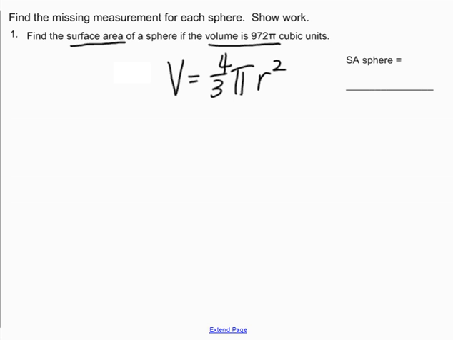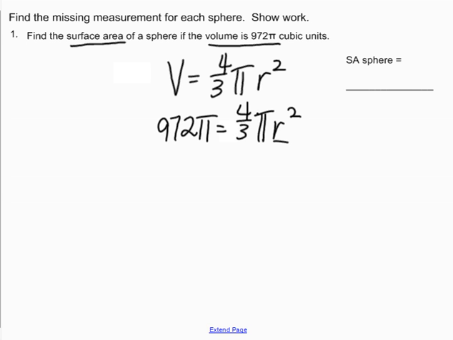So I'm noticing that the volume is 972 pi equals 4/3 pi r cubed. We don't know the radius yet. That's what we're solving for.